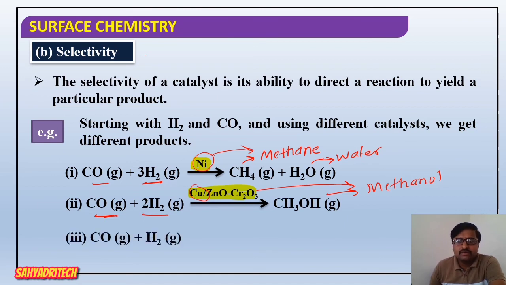Now, the third equation. Again, reactants are common. Now copper alone is used as a catalyst. In the previous case, copper along with zinc oxide and chromic oxide Cr2O3 was used, and the product formed was methanol. Now when we use copper alone, the product formed is formaldehyde.